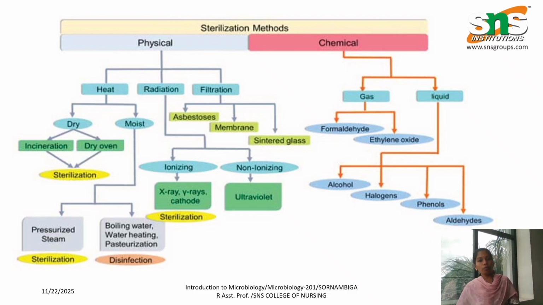Heat sterilization is either the dry heat method or the moist heat method. Likewise for chemical methods we use gas and liquid methods. This flow chart will hopefully be helpful for your examination and practical purposes. Some radiation methods are also used for sterilization.